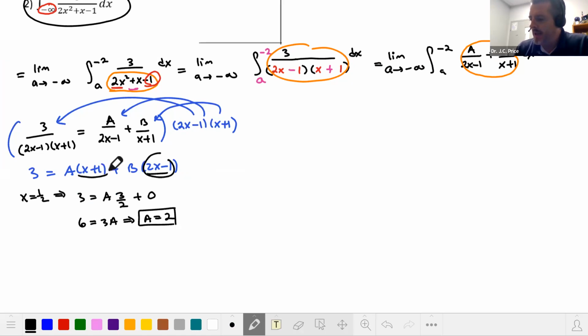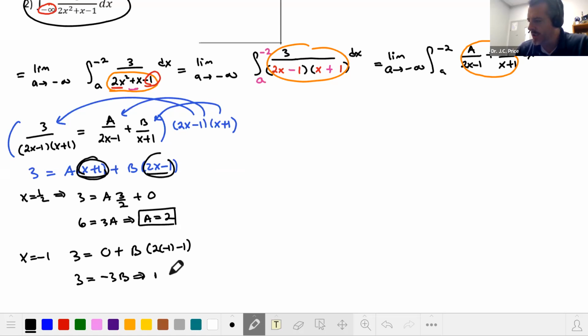Then I'll plug in x equals negative 1, because that makes this term 0. So I get 3 equal to 0 plus B times 2 times negative 1 minus 1. That's negative 2 minus 1, so 3 is equal to negative 3B, which tells me B is equal to negative 1.